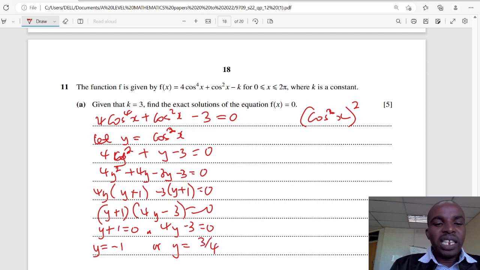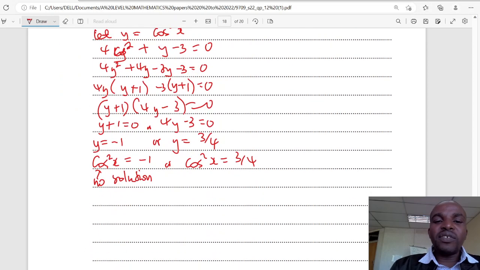And remember our y was cos squared x. So it will be cos squared x is equal to minus 1, or cos squared x is equal to 3 over 4. Now from this, we have no solution, because no square root of a negative number. But from this, you can say cos x is equal to square root of 3 over 4. Please take note, square root is plus or minus.